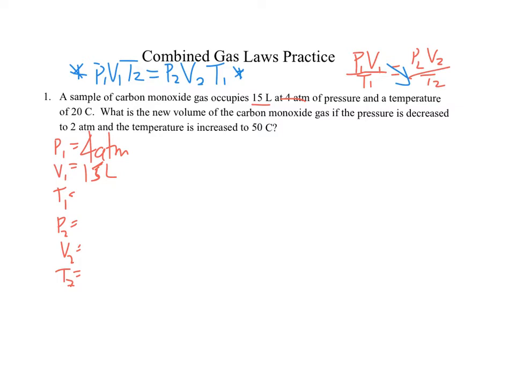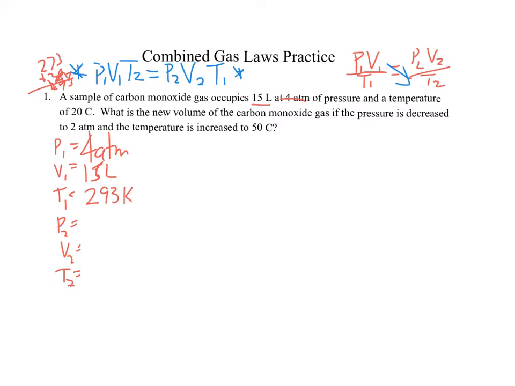Now remember, we're dealing with combined gas law problems. Temperatures must be in Kelvin. So it's 273 plus 20 for a total of 293 K for our temperature. Just make sure you remember you've got to always do that with these combined gas law problems.